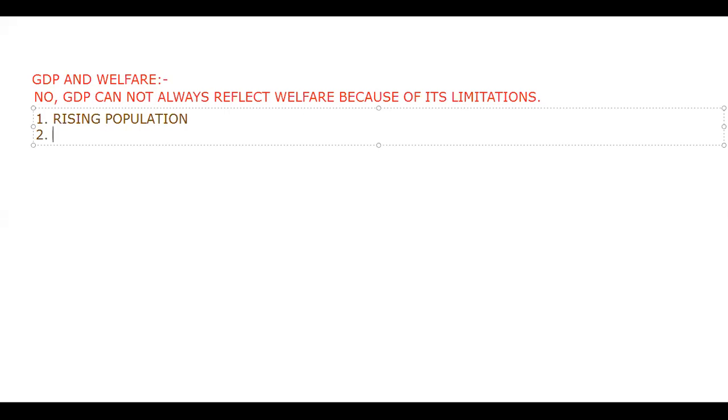Now, let us see the second point. Change in prices. Sometimes we are happy watching that GDP has increased. The money value of goods and services has increased. Earlier, GDP was, suppose, rupees 1 lakh. This year, suppose GDP is rupees 3 lakhs. Wow, the GDP has increased. We are happy. But don't forget that the rising GDP, or the more money value of goods and services, may include the inflationary prices of the commodities, right?